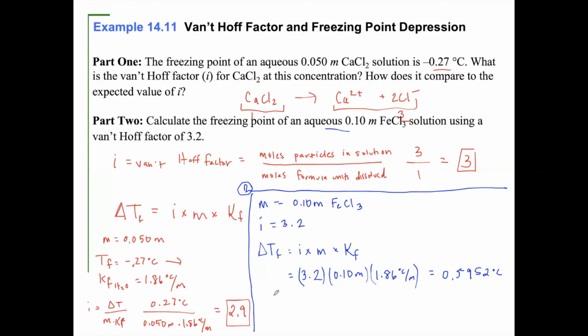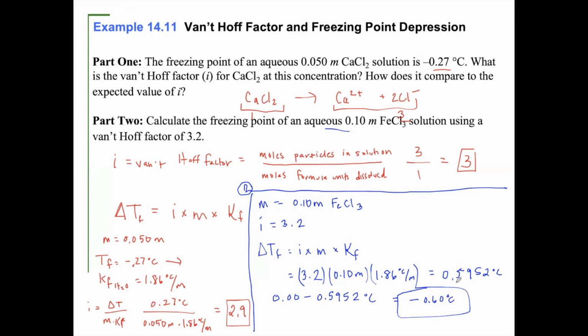In order to get the actual temperature, you have to subtract it from 0. Accounting for sig figs, that is the correct value. So negative 0.6 degrees Celsius.